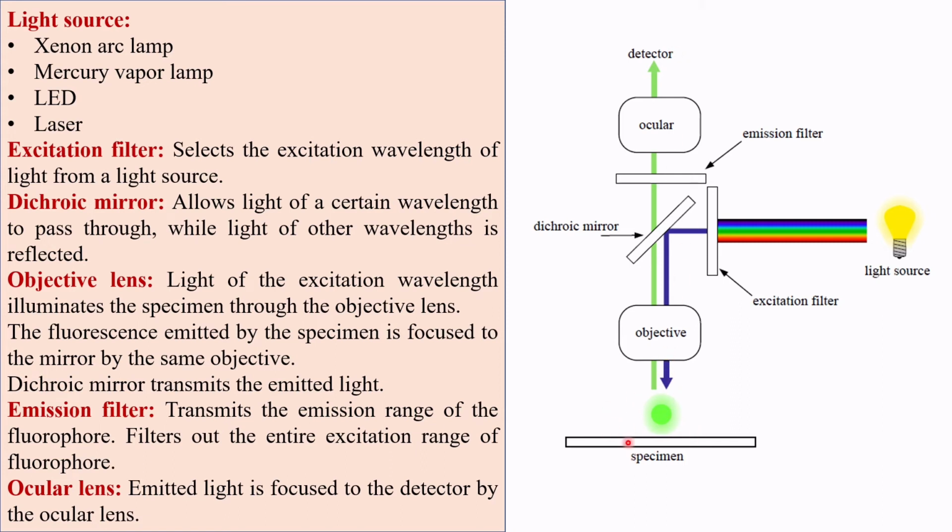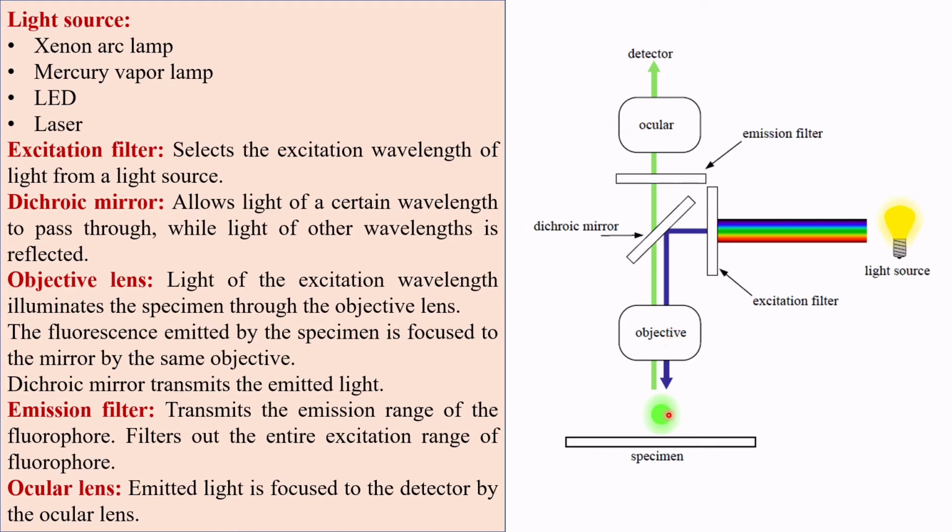The specimen contains a fluorophore, which is now getting excited by this blue light, right? Now you can ask me why we are using an objective lens before the specimen. The answer is, here we are not using any condenser.